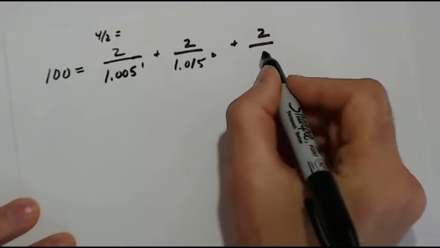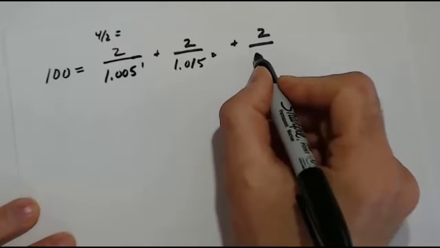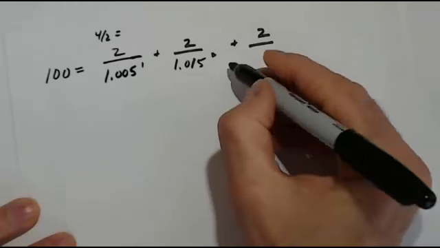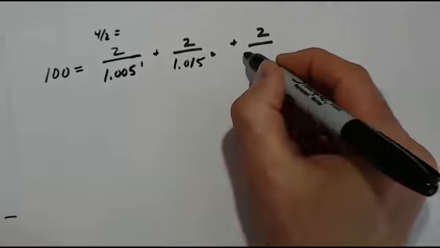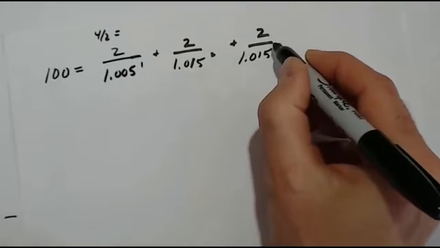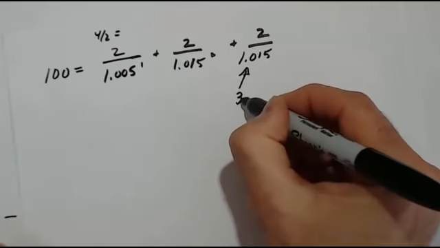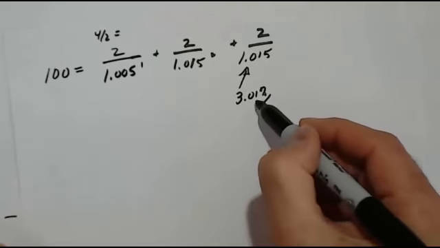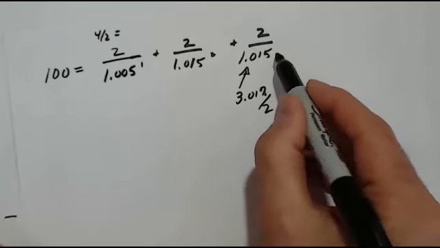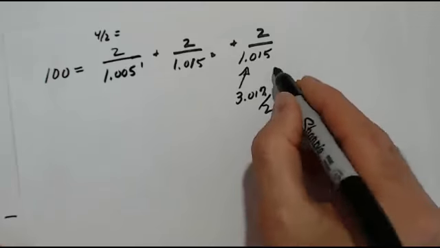Then the third coupon is the $2 divided by 1.015. That is basically the 3.01% divided by 2. But when I do that, I lose this 0.01 in rounding. So it's not a mistake.